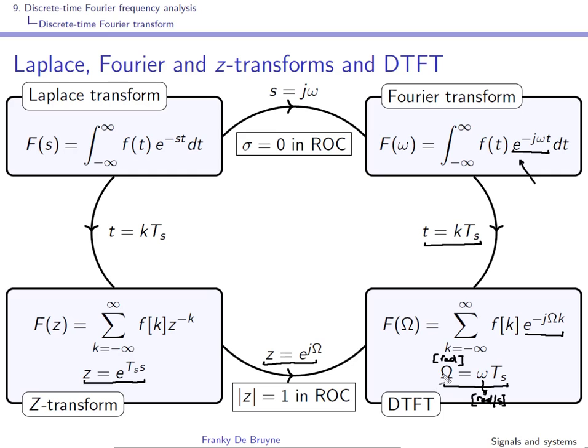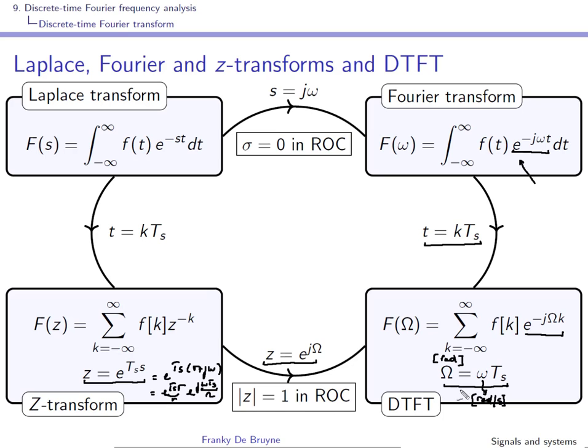Okay, this omega over here, this capital omega, can be obtained from this relation over here. z is e to the s Ts, with s as sigma plus j omega, right? So this one you can write as e to the Ts sigma times e to the j omega Ts, and this is here capital omega and this is r.